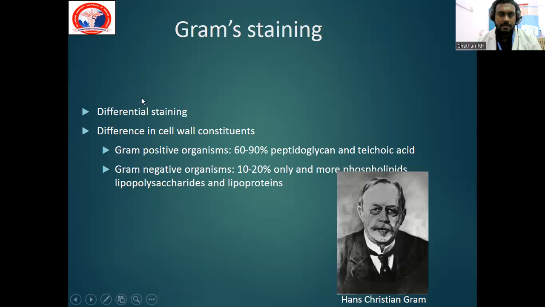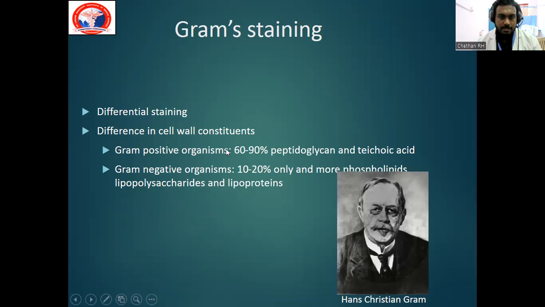Gram staining, as you already know, is a differential stain. That is, gram positive organisms will stain differently when compared to gram negative organisms. This differential staining happens because of differences in the cell wall constituents.